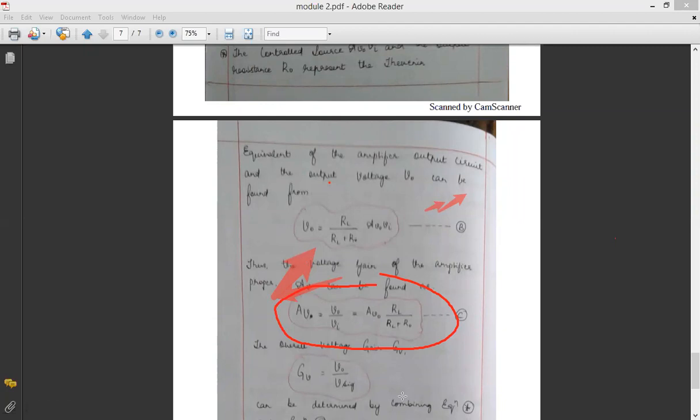Open circuit voltage gain, what is it? AV naught. With RL or without RL? Without RL.